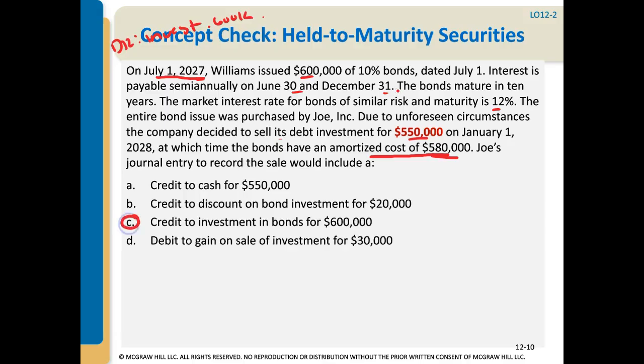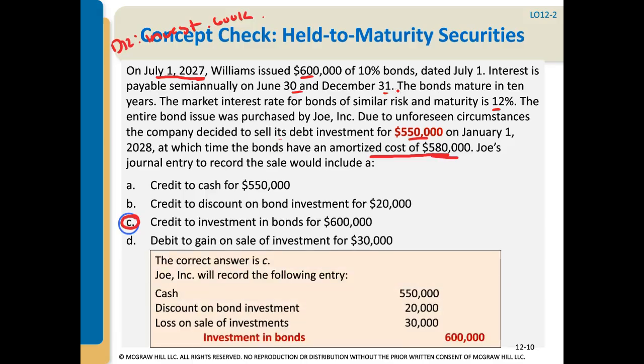But let's look at the entire journal entry. We know that we have investment in bonds for $600,000. We're told that the company decided to sell the investment for $550,000, so they received cash for $550,000. We are also told that on January 1, 2028, the bonds have an amortized cost of $580,000.